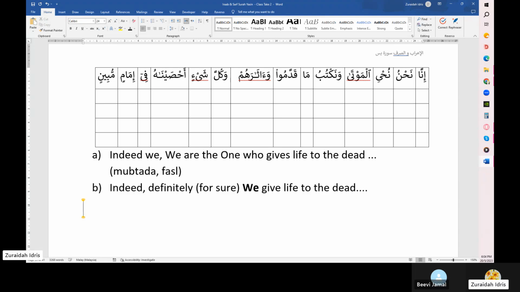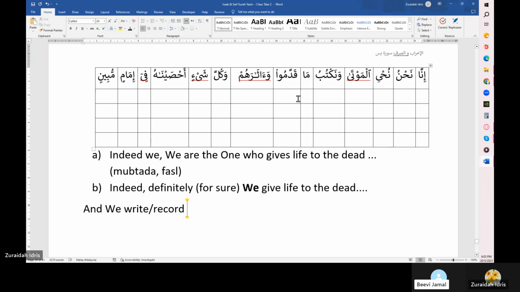What's the dot dot dot? And we write, or record. Record is better. You said "decreed" just now, but the context here is something recorded, not decreed. So we write, we record, in the present tense, because it's still happening.